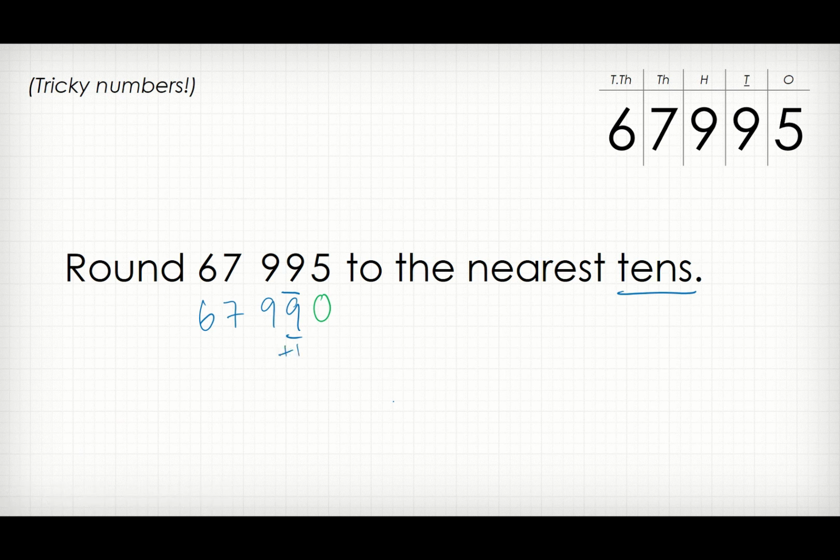Again, I need to add 10 to the lower tens, and I can use simple addition to work out my answer. 9 plus 1 is 10, I regroup. 1 plus 9, again 10, I regroup. And that will give 1 plus 7, 8, and 6. So my answer, 68,000.